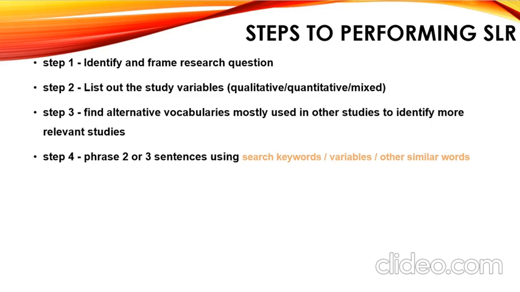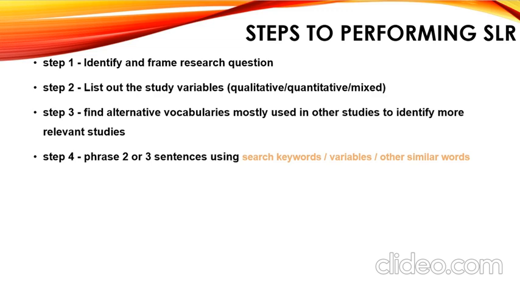Okay, fine. This is the second stage. At the third stage, you should identify the alternate vocabularies. What I have given here is you should find similar words for your study variables.